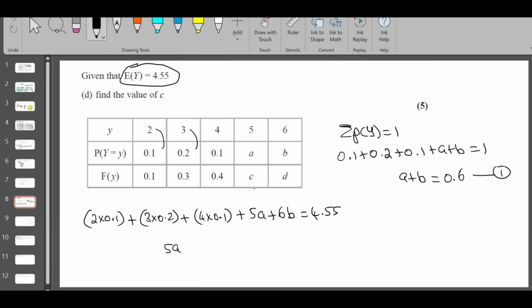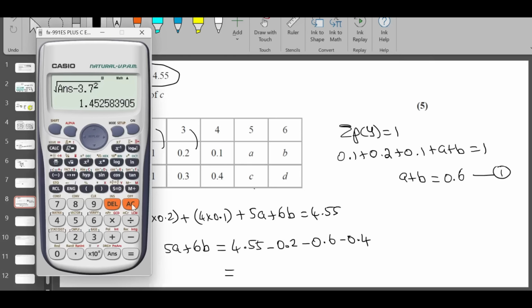So you will get the second equation. 4.55 minus 0.2 minus 0.6 minus 0.4. So this is basically 1.2. So 4.55 minus 0.2, 0.6, 0.4.